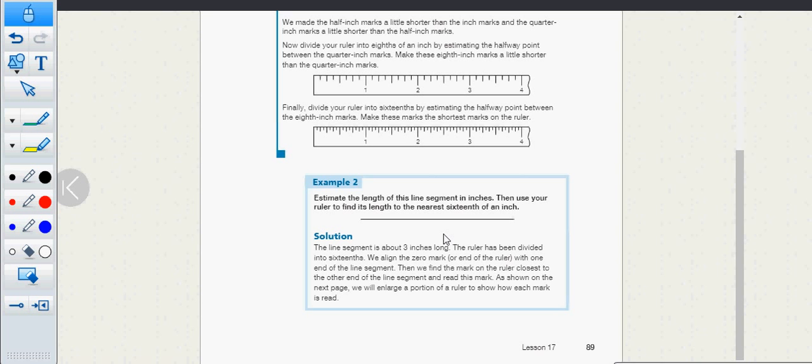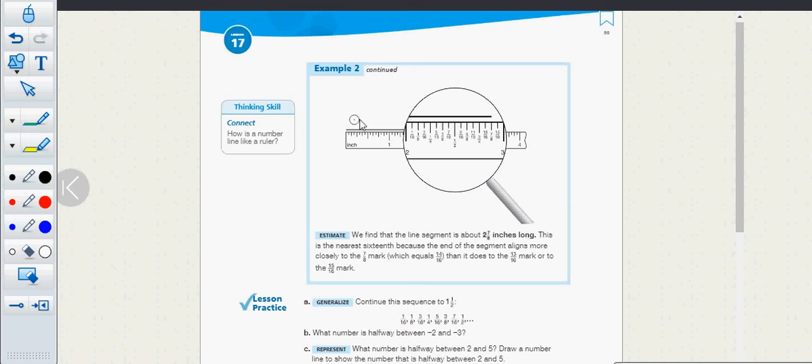It's about 3 inches long. And then you look what 16th is it closest to. They enlarge the use of a ruler on this. On your ruler, it might not have all these markings, what each fraction is. It might just show the lines, which makes it a little harder.